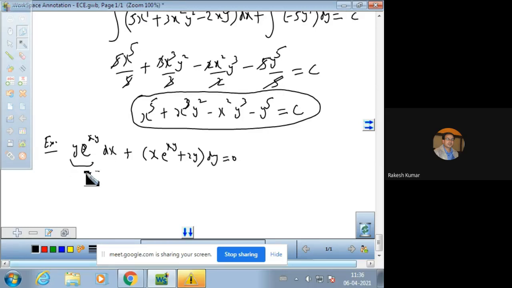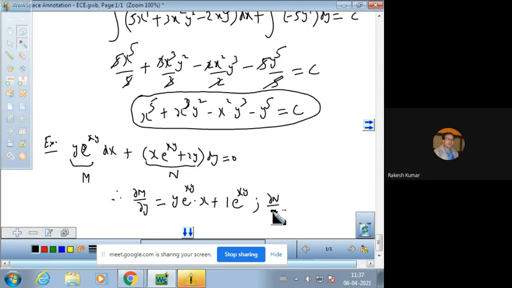This is clearly the coefficient of dx, that is m, and this is n. Therefore the derivative of m with respect to y, the u into v formula will apply: y e raised to power xy into x, from the derivative of xy, plus derivative of y is 1 into e raised to power xy.